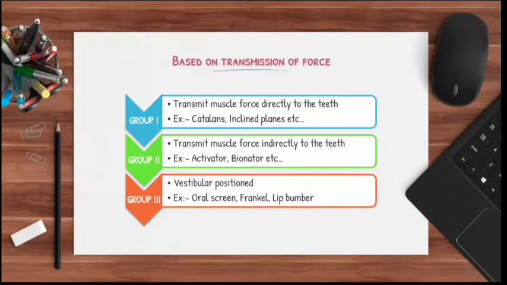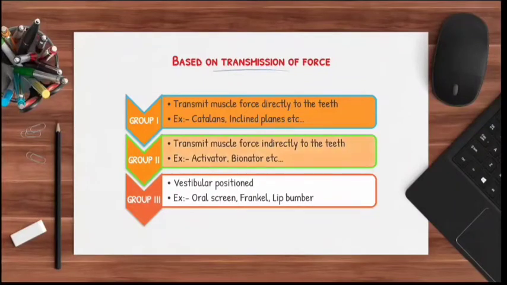And this classification is based on transmission of force. This is also divided into three groups. Group 1 transmits muscle forces directly to the teeth for the purpose of correction of malocclusion. Examples are Catlans, inclined planes, etc. And group 2 transmits muscle forces indirectly to the teeth.